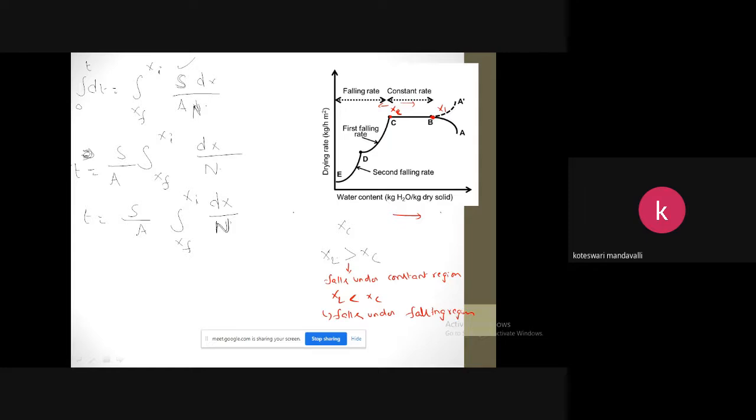So now what happens? Suppose we have two cases. One is x2 greater than xc and another is x2 less than xc. What is the time required if x2 is greater than xc, and what is the time required if x2 is less than xc? So we have to derive two derivations.